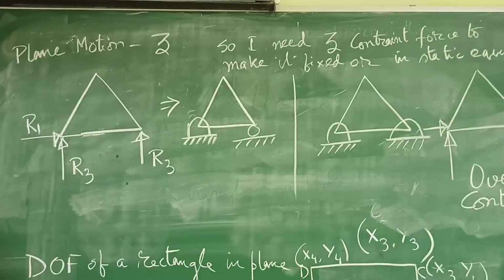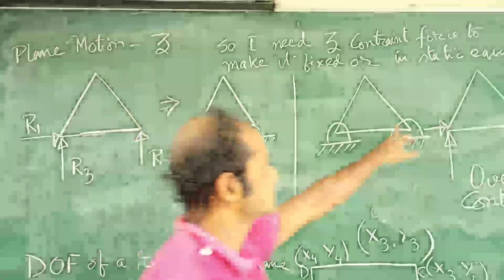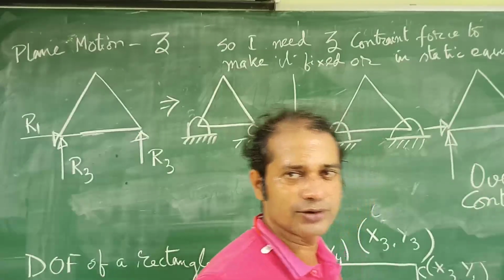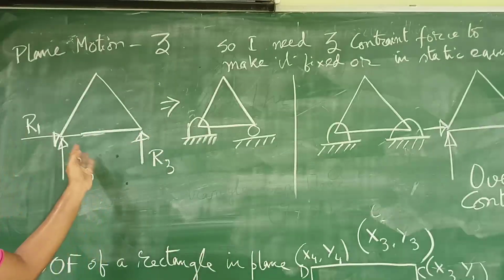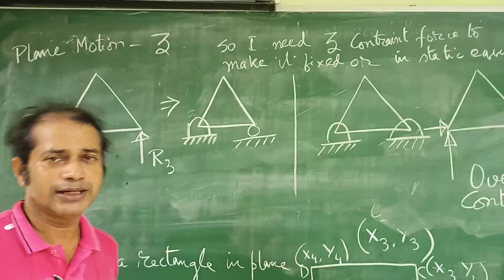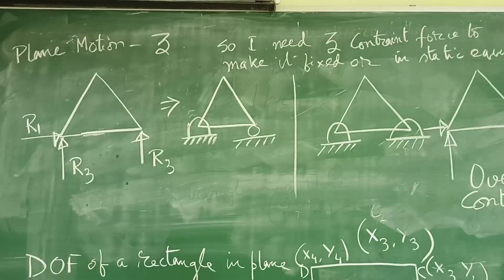Over constrained means something is not required. Out of these 4 forces, one force is redundant. It is not required at all. So if you give 3 forces to a triangle, then it is not going to move. Okay.